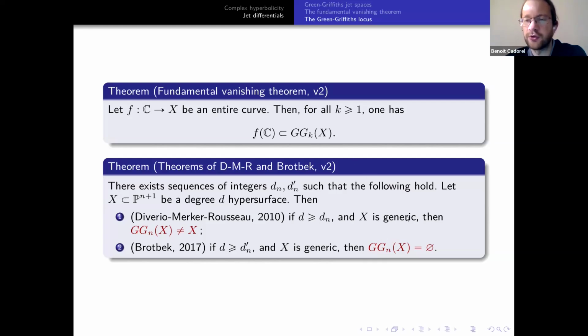And then you get the Kobayashi conjecture. You prove that X was actually hyperbolic and not merely quasi-Brody hyperbolic.